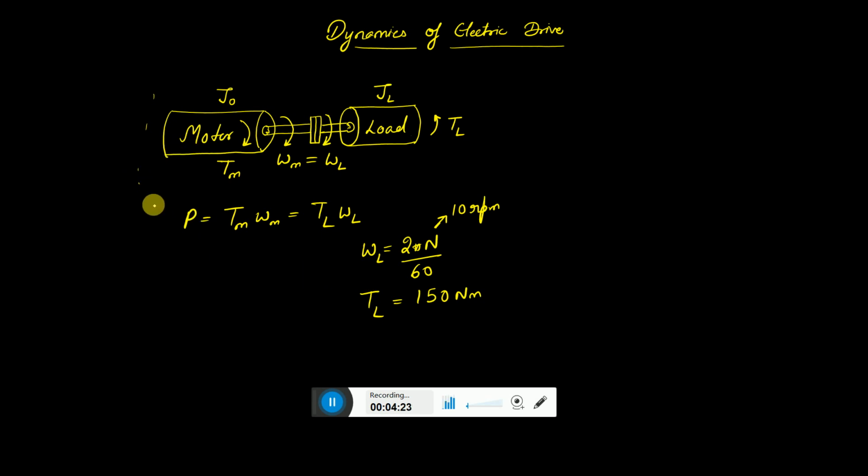But I have a motor where omega m is equal to 2 pi n by 60. For the sake of clarity, this n is the revolutions per minute of the motor, and this is the revolutions per minute of the load. But I have got a motor whose speed n is 1000 rpm.